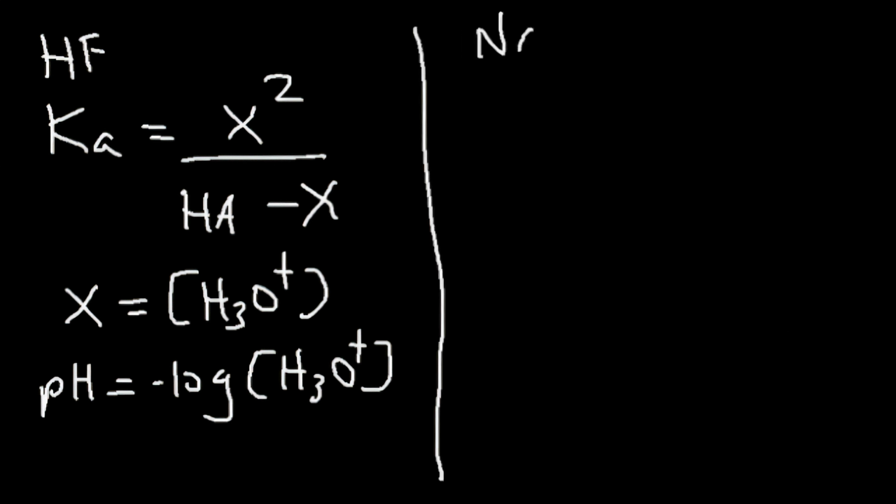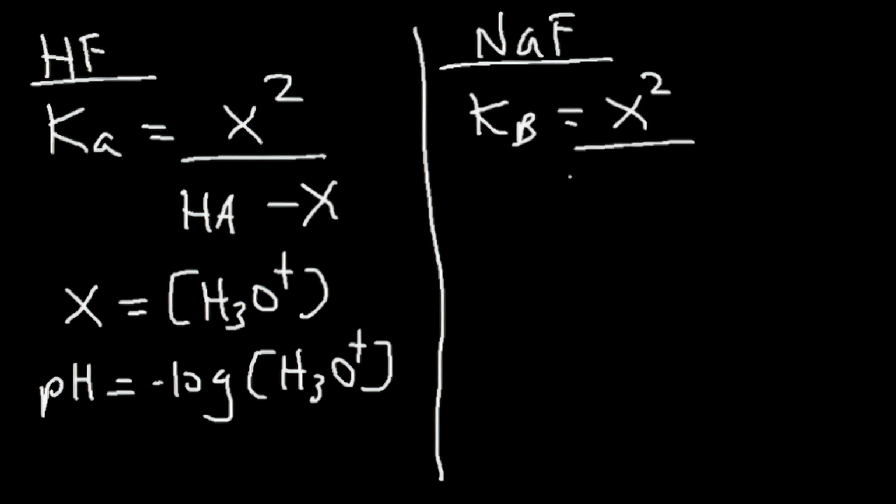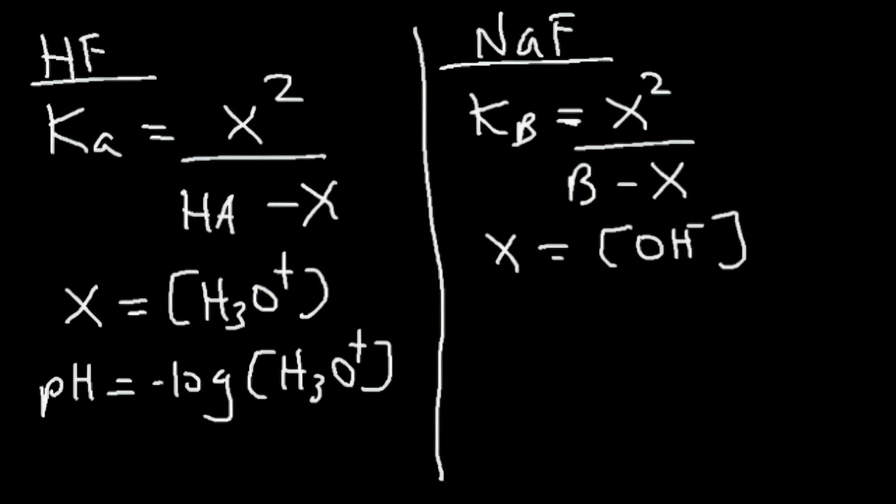Now let's say if you have a base dissolved in water, like sodium fluoride. First, you need to use the Kb equation, which is X squared divided by the concentration of the base minus X. And if Kb is small, you could ignore the X on the bottom. Now, once you have X, keep in mind that for a base, X is equal to the hydroxide concentration and not the H3O+ concentration.